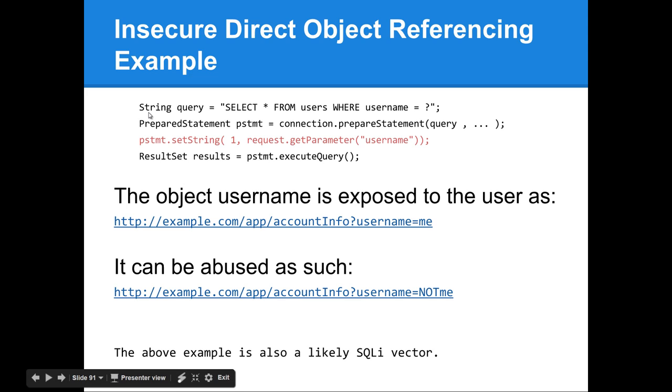So the first statement here prepares a query to select all records from the database where the username is as given. The prepared statement prepares this, and there's something else going on. You don't really need to know, it's not that relevant, but what it's setting up is to establish what the argument is.